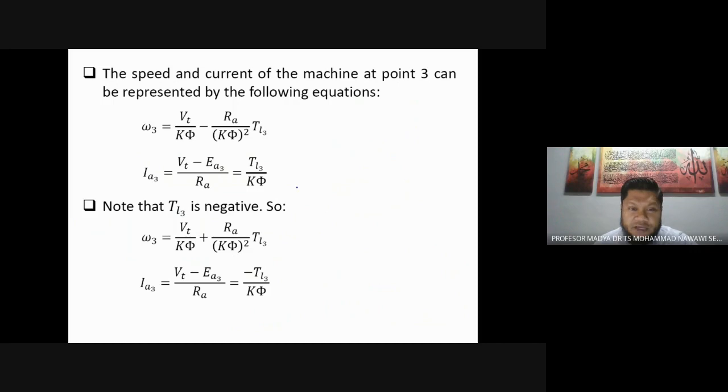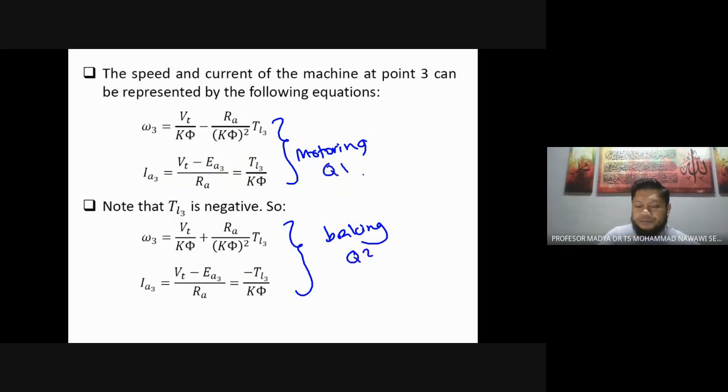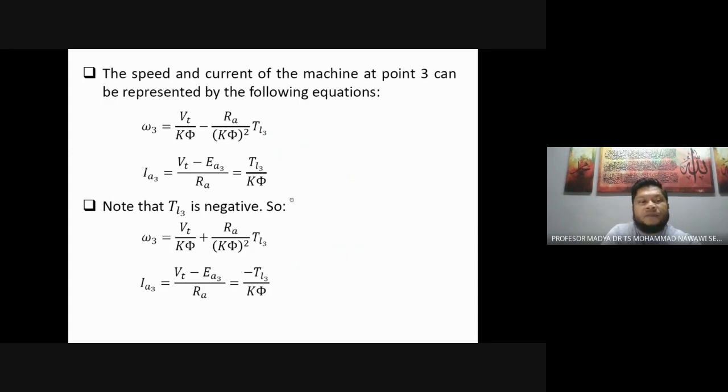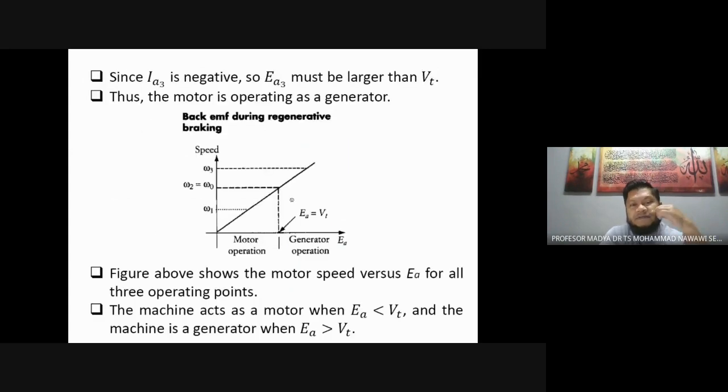So here we have motoring, and this is quadrant 2. Next, since IA is negative, EA must be larger than VT.